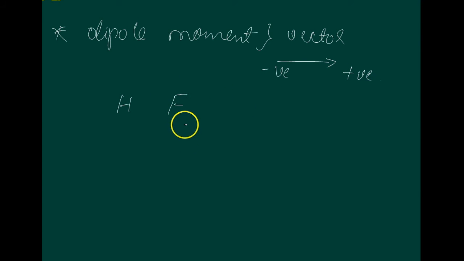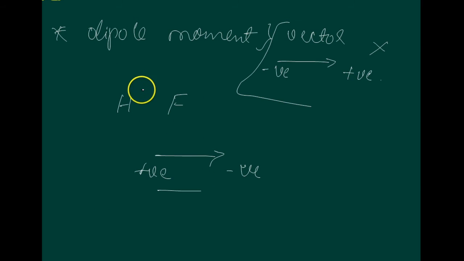But in chemistry, the dipole moment is represented by an arrow, with the cross on the positive end and the arrowhead on the negative end.